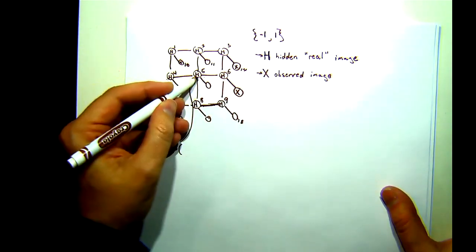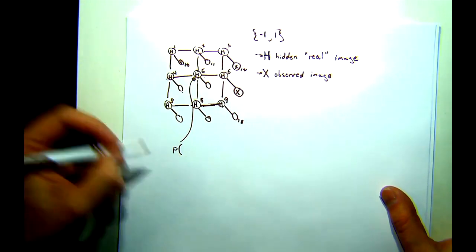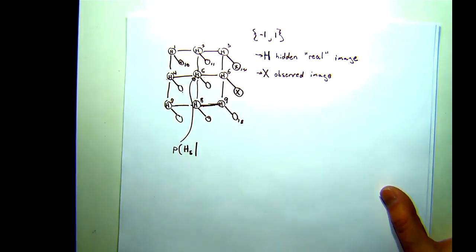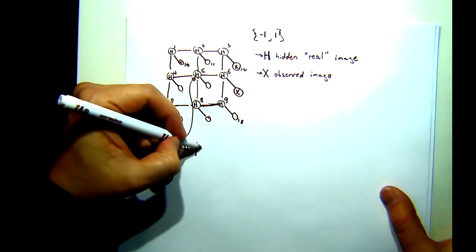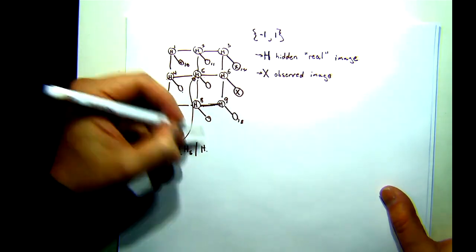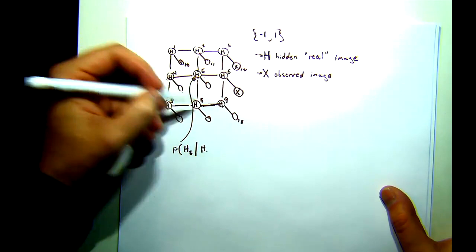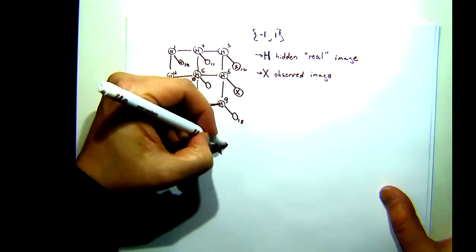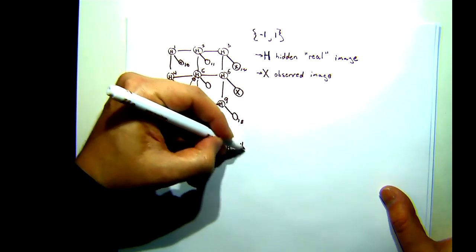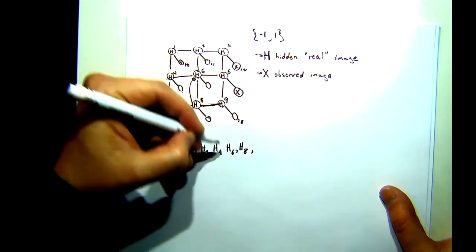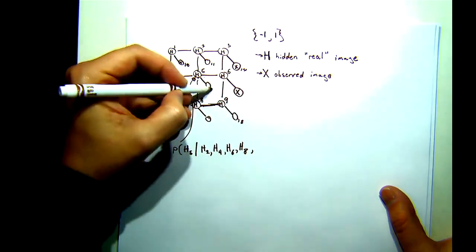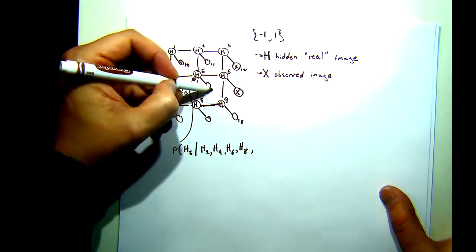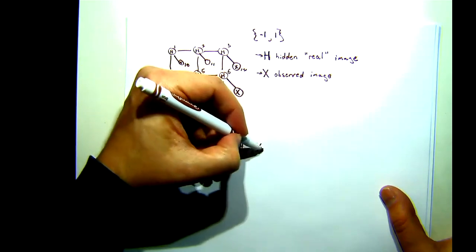But this H5 is going to have some probability which is going to be based on all of its neighbors. So that is H2, 4, 6, and 8, and X14.